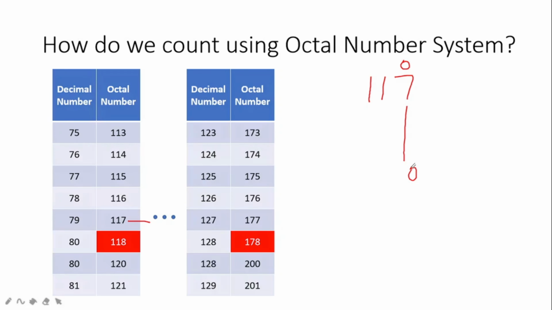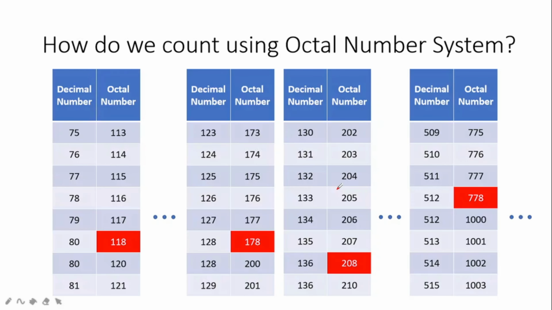Now this 7 has a number ahead of it, so the 1 in this 10 will be carried forward. Now this 1 has a carry, so find out what comes after 1: 2 in the octal number system, so 2. Now this 1 has no carry, right? So this 1 will be written as it is. So 120 will be the next number after 117 in the octal number system, and this goes on.